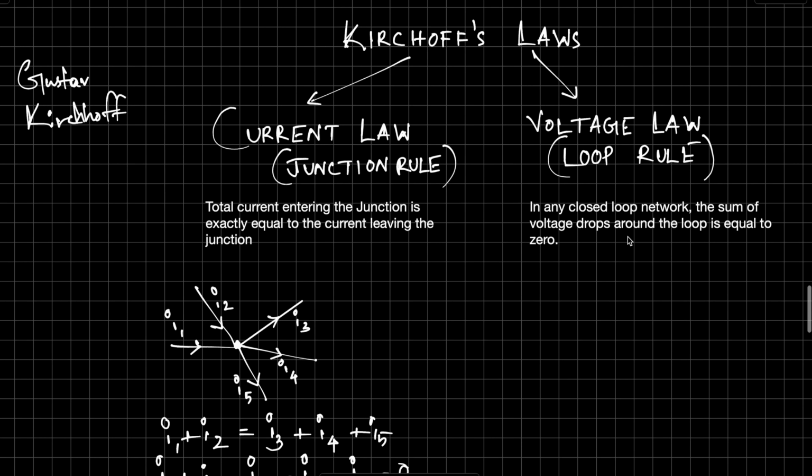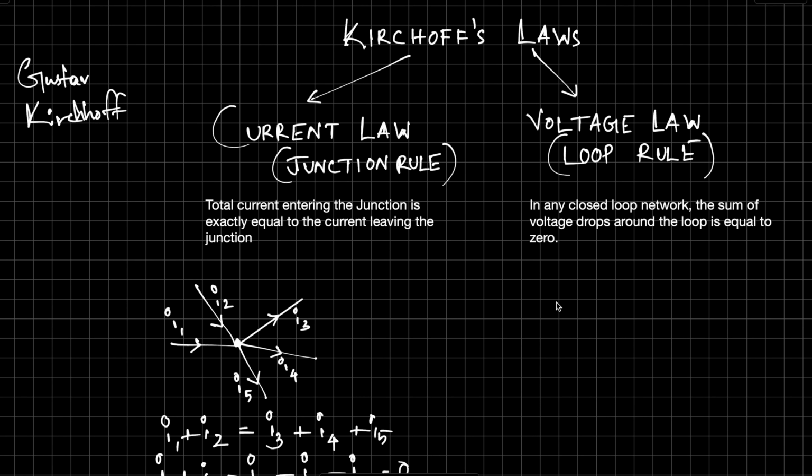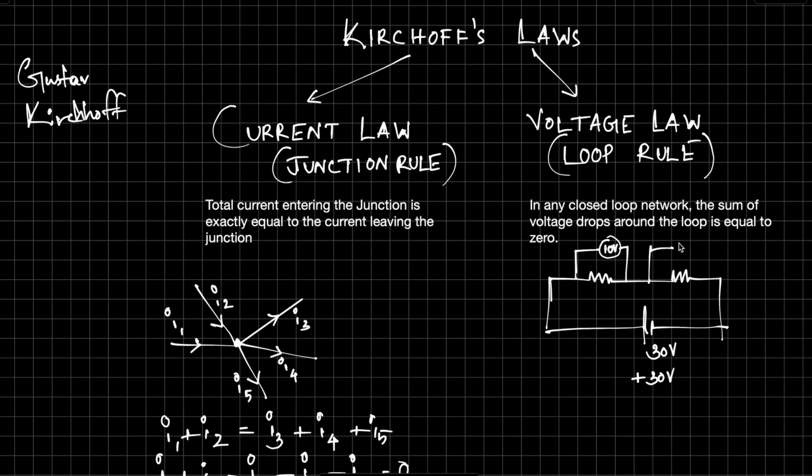Now the voltage rule or loop rule. Consider a closed loop with multiple components connected across a battery. Let's say the battery is providing 30 volts, right? So plus 30 volts. And let's say the potential drop across the first resistor is 10 volts. So the potential drop across the second resistor should be 20 volts.